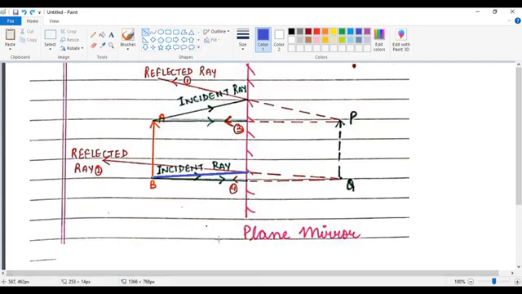Now students, the incident ray will again reflect back in the same medium as shown by ray number 2.